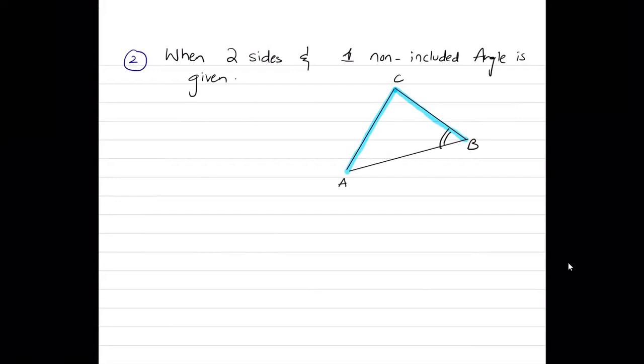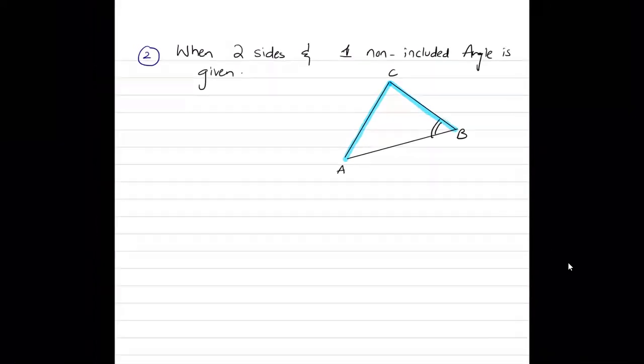Now before diving into this second situation, let us discuss, you know that sometimes, this is the perpendicular height of the triangle.